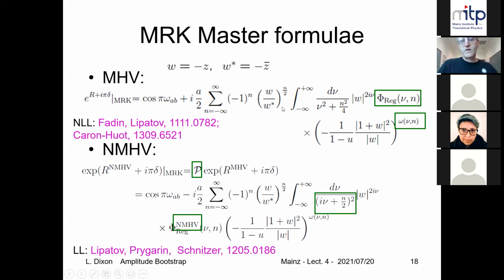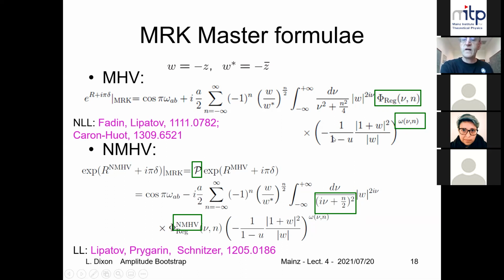The NMHV structure is almost exactly the same in terms of the same basic sums and integrals appearing, but the integrands are slightly different. I should have mentioned that this is the BFKL trajectory, omega of nu and n, and it multiplies a large logarithm, which is buried in here.